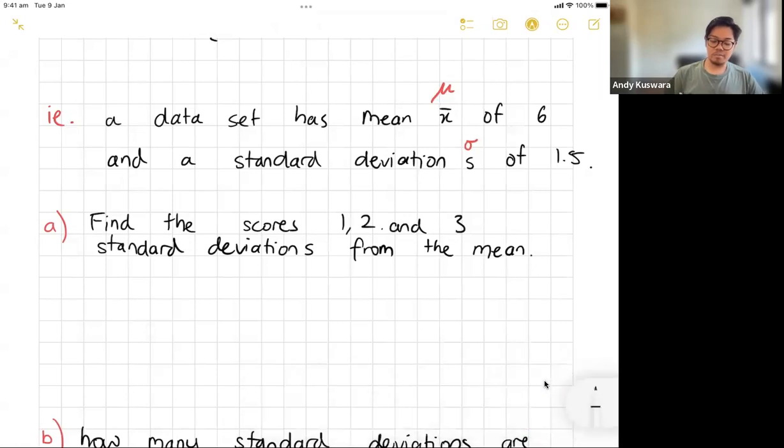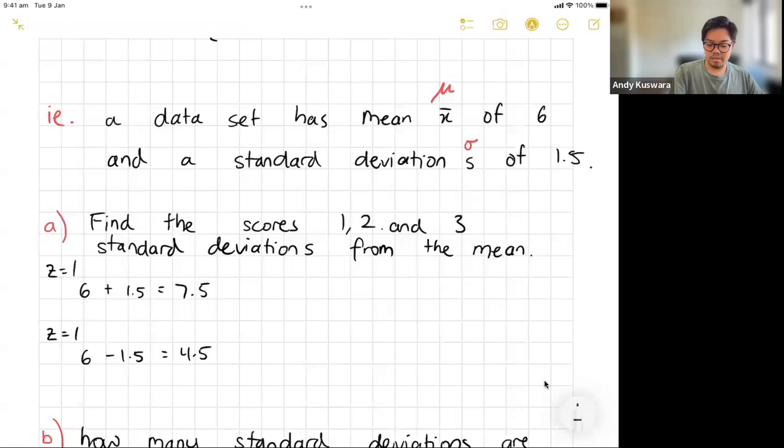Very simply, 1 standard deviation above the mean is 6 plus 1.5, which is 7.5. That is a z-score of 1. If I have a z-score of -1, it's 6 minus 1.5, which is 4.5.